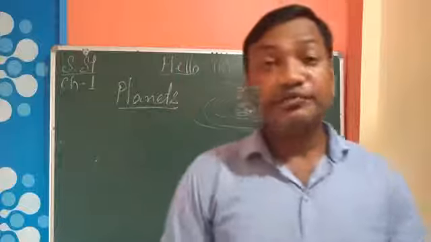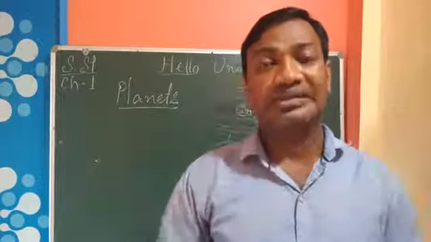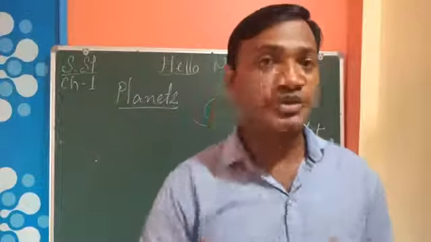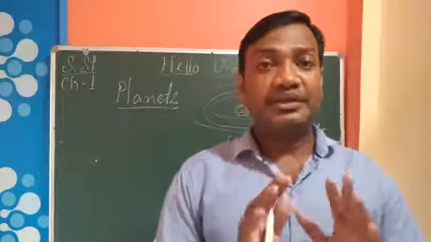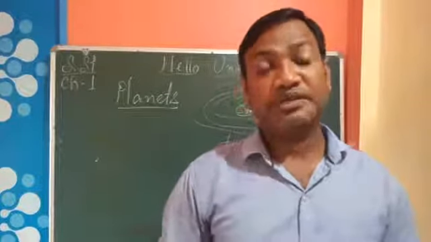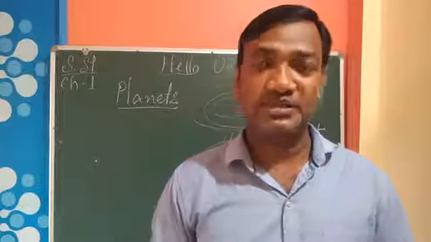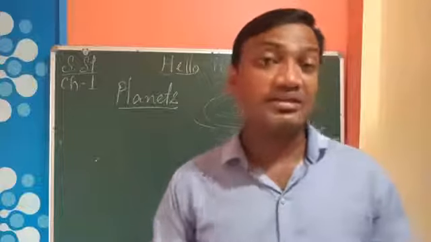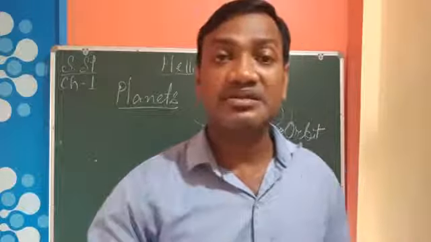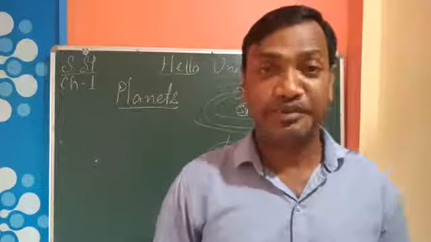Now, if we group these planets, there are two simple ways. If we see by composition, that means what these planets are made up of, we can group them that way. And by their size, you can see the sizes are not the same.